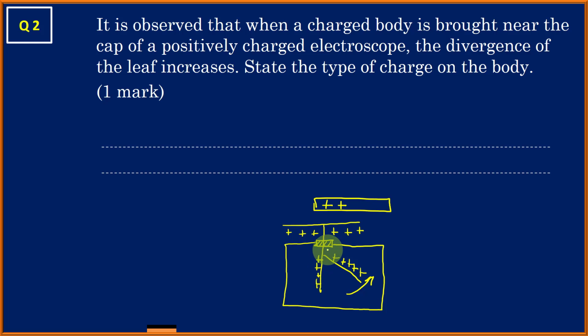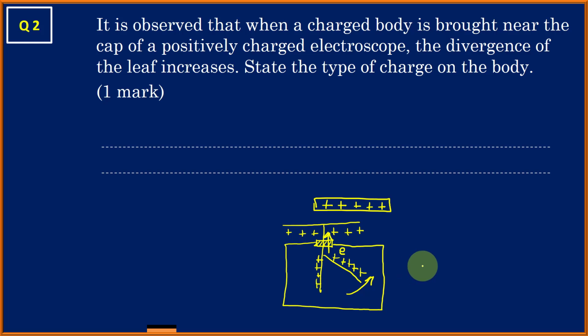How does that happen? It means that more electrons have migrated upwards, and wherever they come from, they leave unpaired protons. The only thing that can make these electrons migrate upwards is that the new body must be attracting more of the electrons. So the new body must be carrying a positive charge.